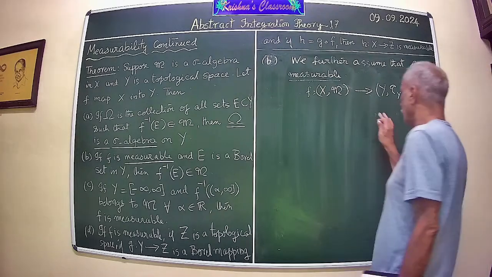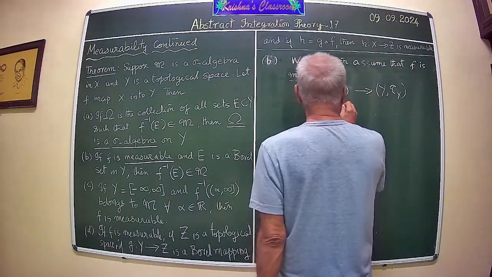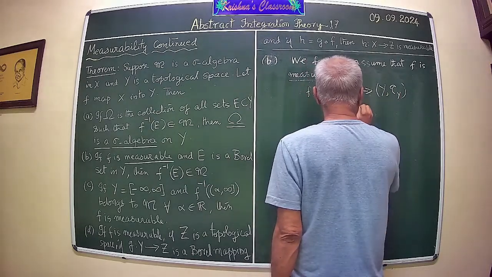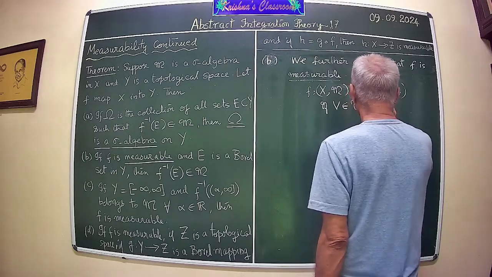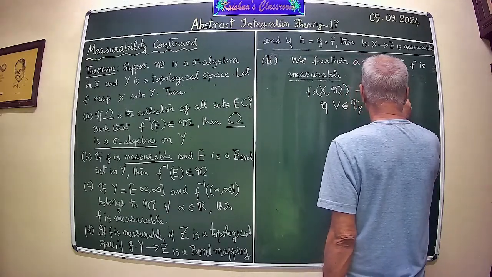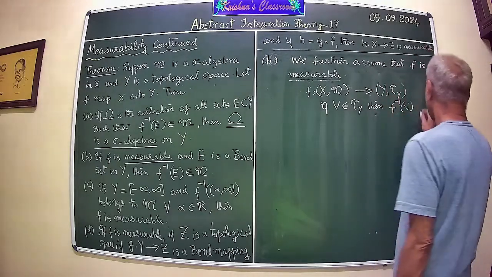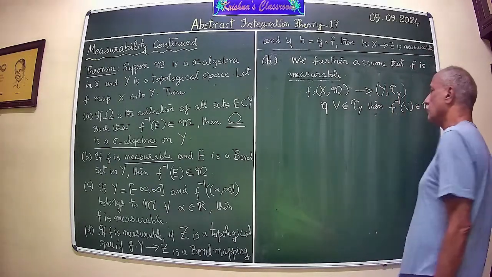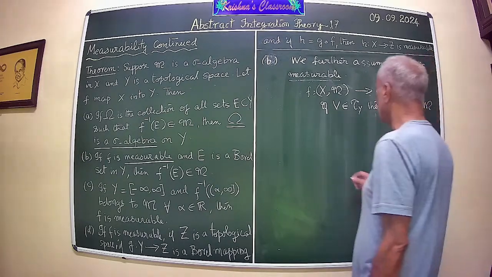So this means the following: if V is an element of tau Y, then F inverse of V is in M. That's the meaning of F is measurable.